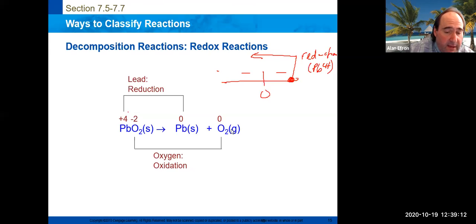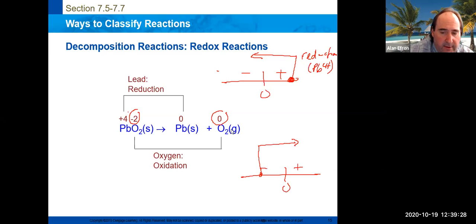While if we look at the oxygen, oxygen is -2 here and going to oxygen by itself, which is 0. So oxygen is starting at -2 and ending at 0, going through oxidation in this particular case.